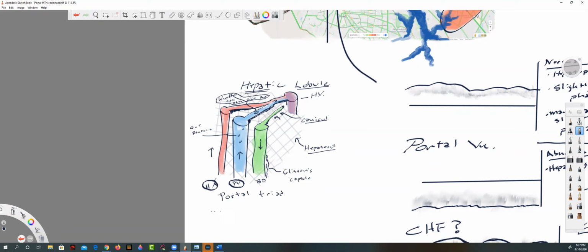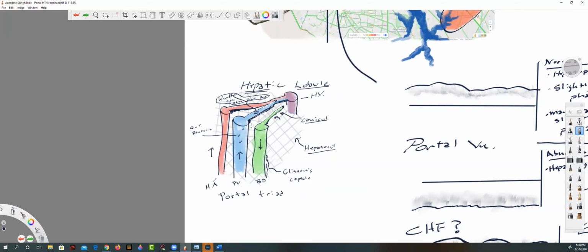And on our Doppler, they're both going to be red. They are both traveling up. So you have this arrow here and an arrow here, both traveling into the liver. They're both hepatopedal. They mix. Inside the hepatic lobule, they will actually mix, and there are connections back and forth here.